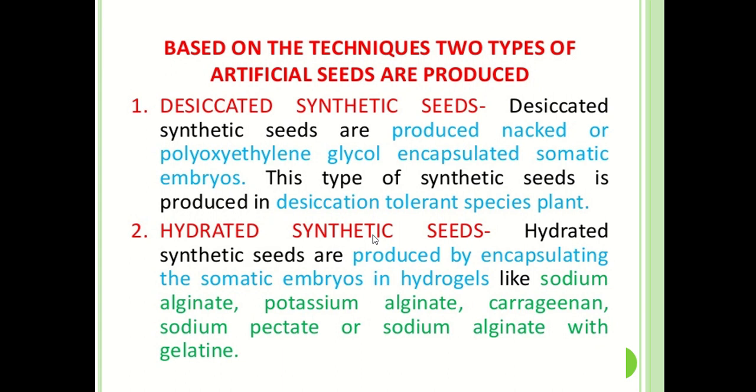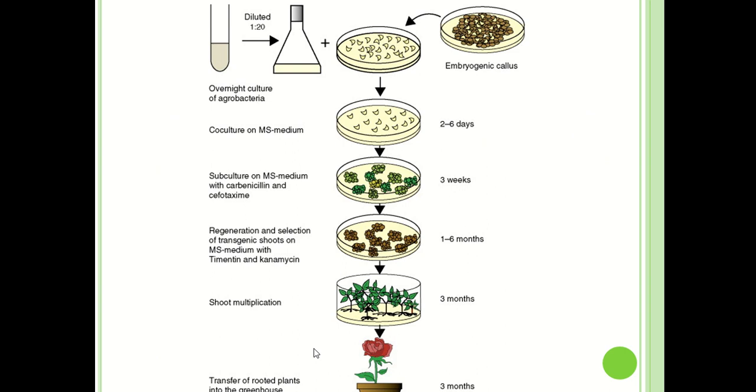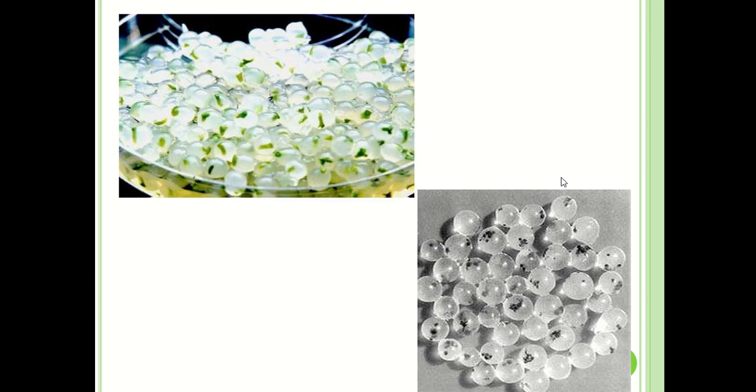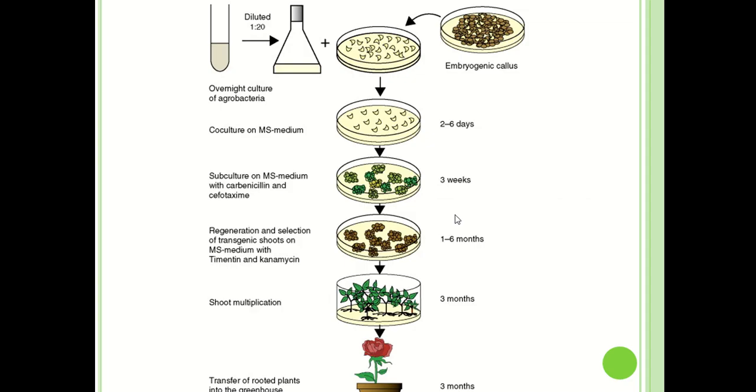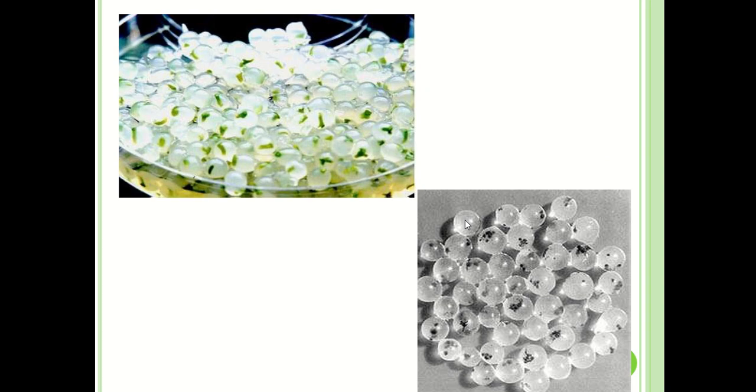Hydrated synthetic seeds are encapsulated in hydrogel. So somatic embryos are encapsulated in hydrogels like sodium alginate, potassium alginate, gelatin, sodium pectate, etc. So this is the whole process of somatic embryogenesis, and these are the desiccated and hydrated synthetic seeds.